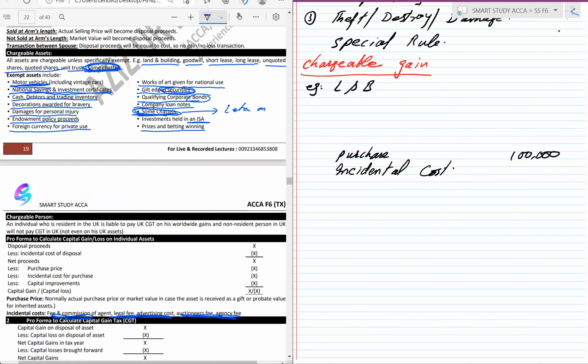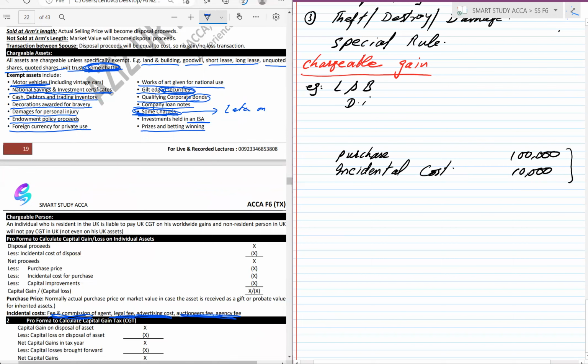So these are called extra costs at the time of the purchase, incidental costs. Suppose the incidental cost at the time of purchase is 10 thousand. So the total cost of the property is 110,000 pounds.